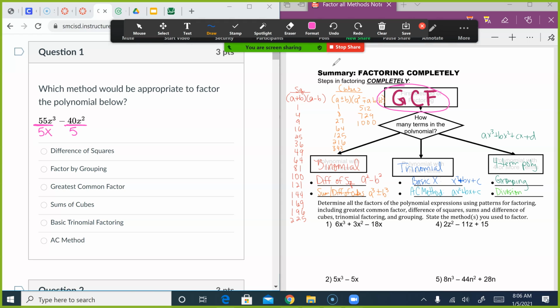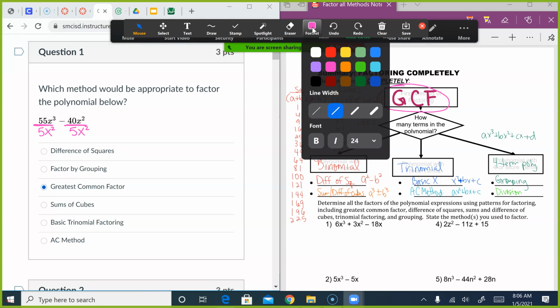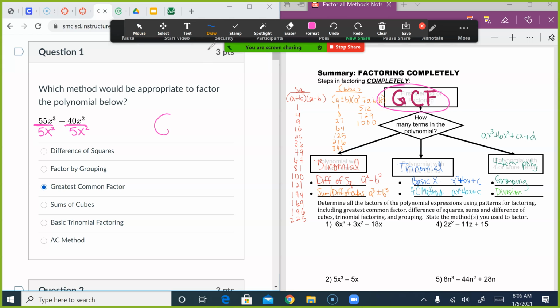And they also have an x, and not just an x, but an x squared. Okay, so we're not actually going to do it. We're just going to say that it's possible to be done, and we'll say GCF is the method that I used. So that's all we're doing for this first part. You're just saying which of these 6 methods you would use to solve it. Alright, so that's it for the first one.